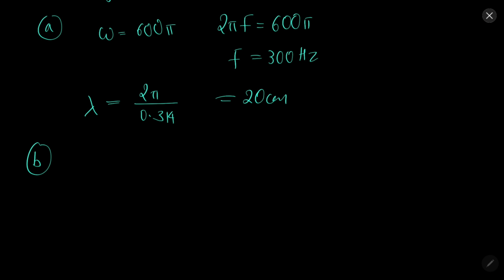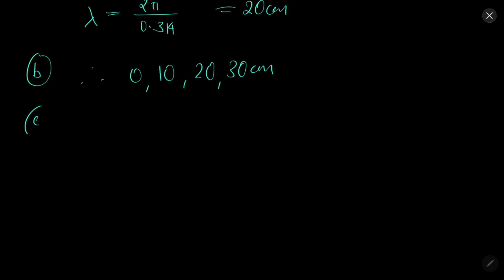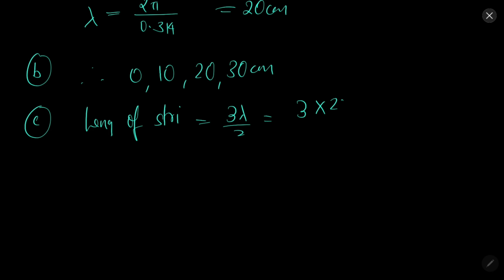B part, therefore the nodes will be at 0, 10, 20 and 30 centimeters because of the wavelength. Length of the string will be 3 lambda by 2, 3 into 20 by 2, 30 centimeter.